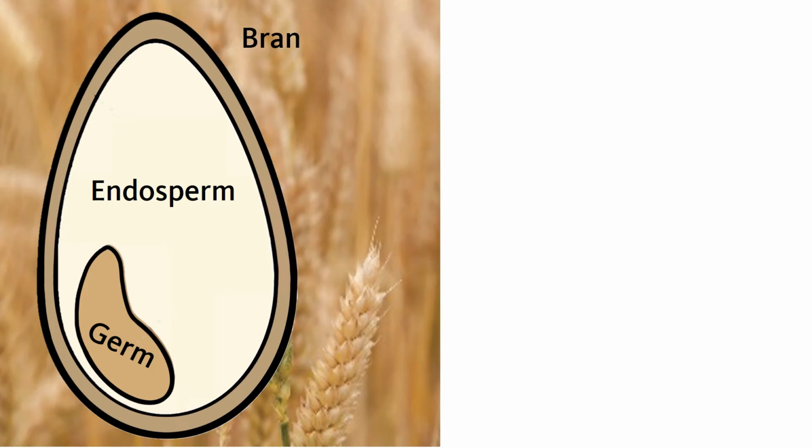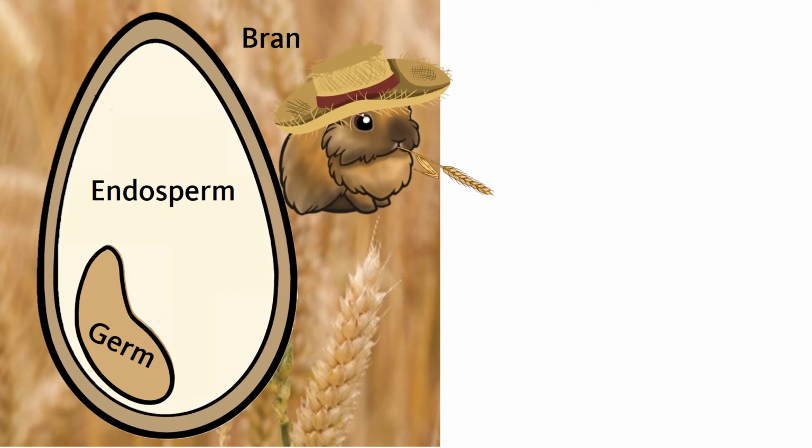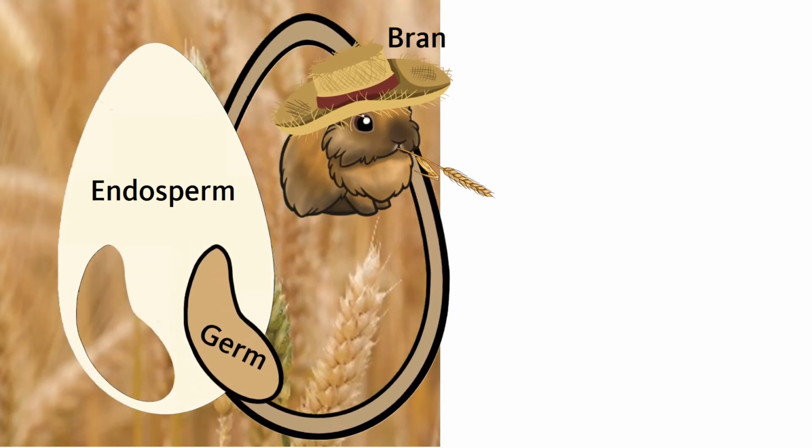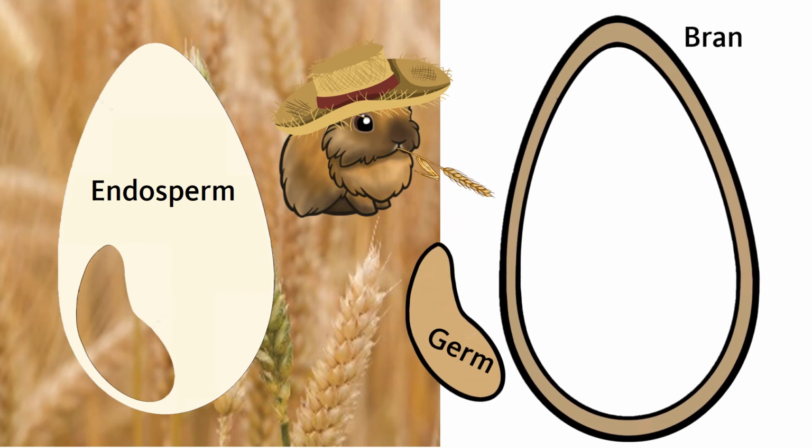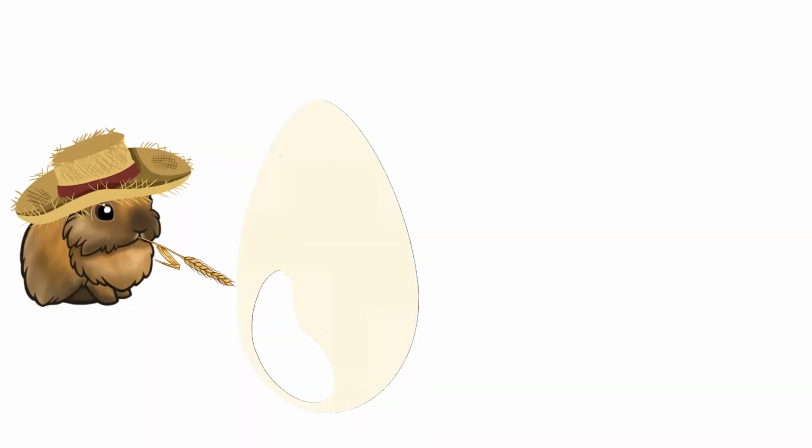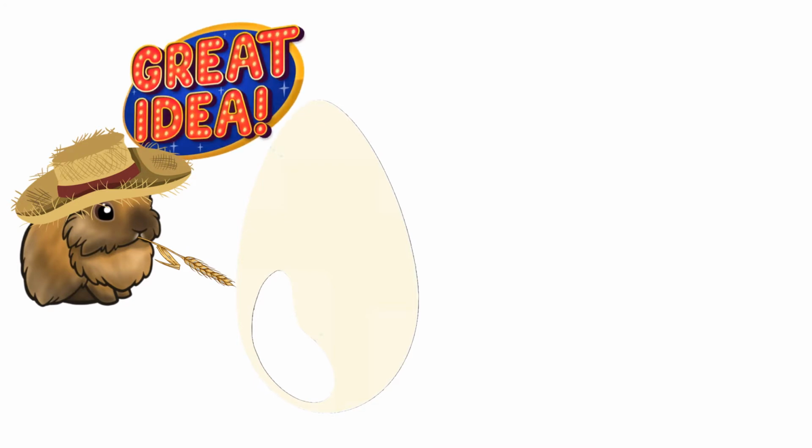Refined grains came around in the late 1800s when new milling technology allowed for the bran and the germ to be removed very easily. Food like white flour, white bread, and white rice are examples of refined grains made only from the endosperm. At the time, this was a great idea because it allowed grain foods to be in storage longer without spoiling.